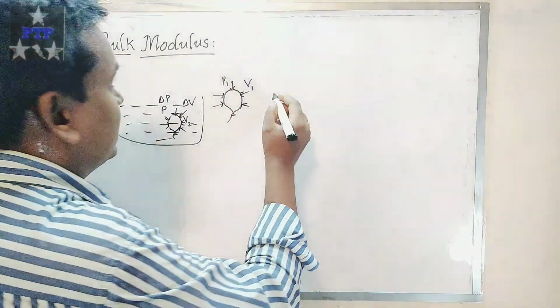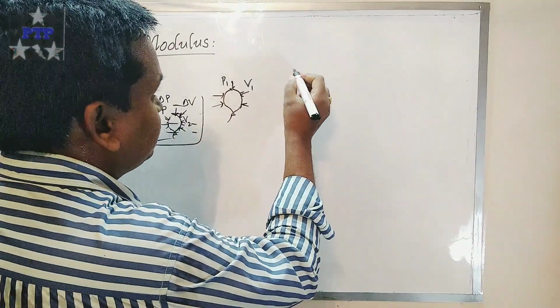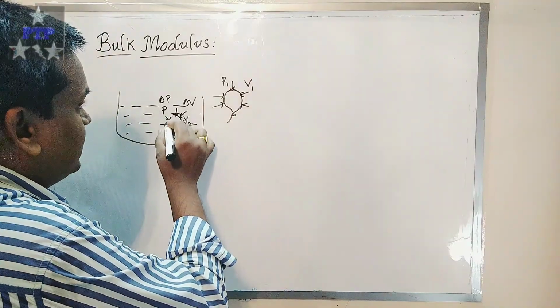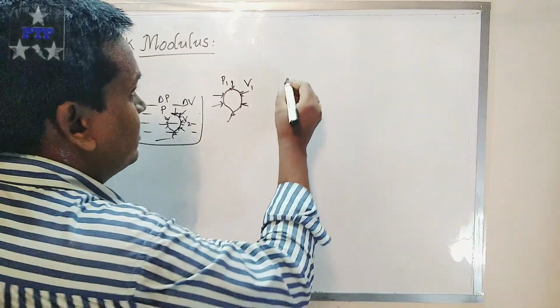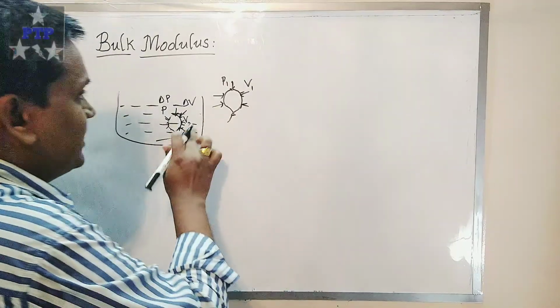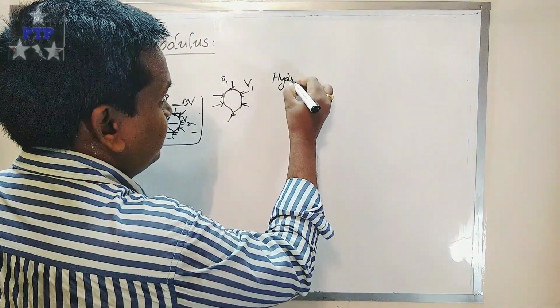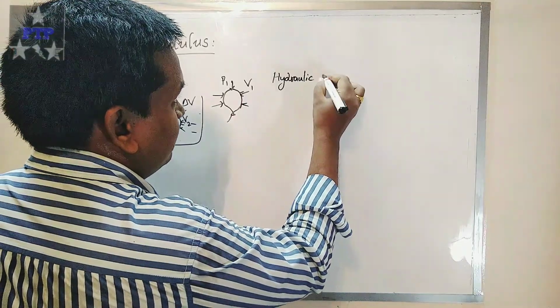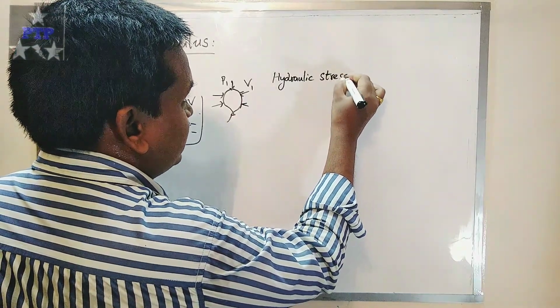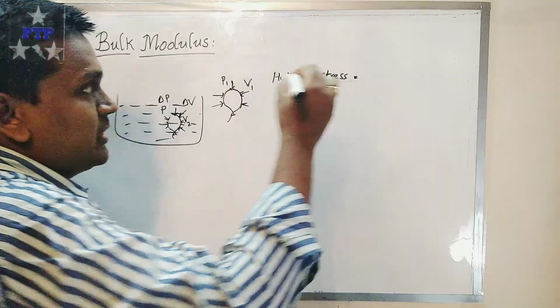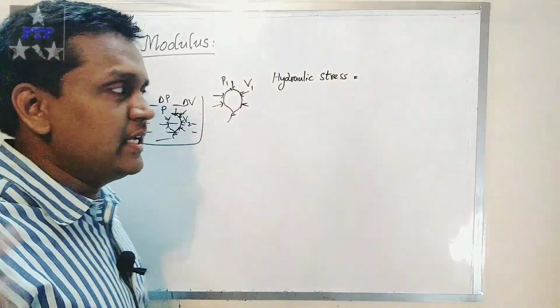So coming to the bulk modulus, a stress is acting on the balloon. What type of stress is it? Hydraulic stress is acting on the balloon. It is nothing but force upon unit area.